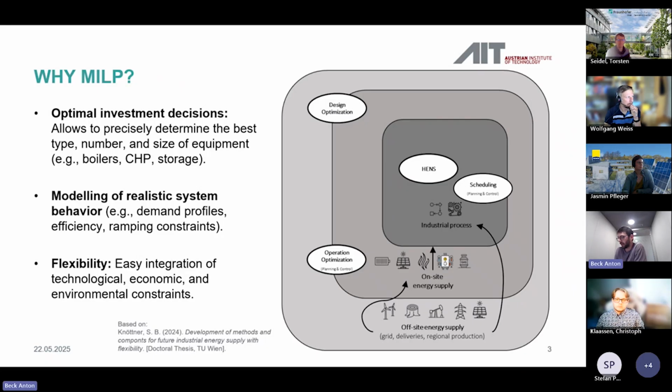We can integrate all kinds of characteristics of the process as long as it's somewhat linear or can be approximated using linear constraints. We can pretty much model realistic system behavior in most cases, and we want to know which equipment to invest in to decarbonize in a cost-efficient way.